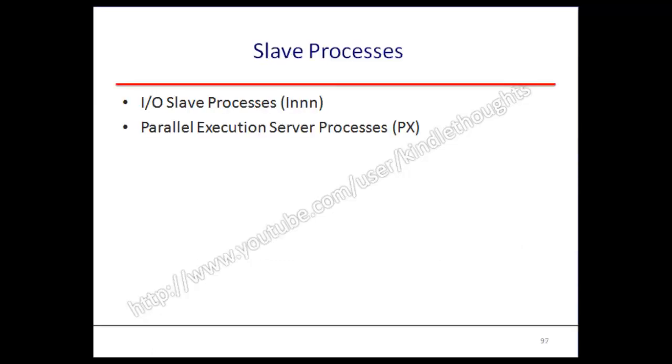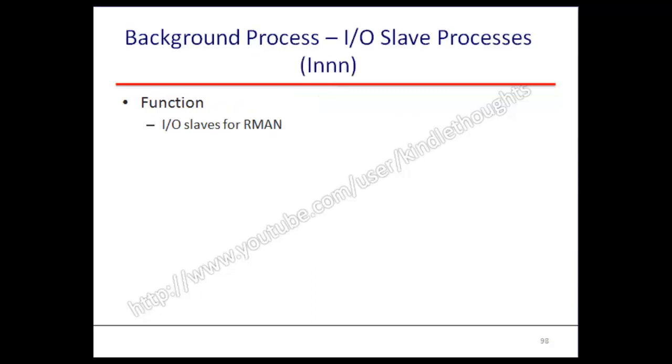Now, when we talk about the background processes, the last category is the slave background process. When you talk about slave processes, there are two types. One is the IO slave process, and the other one is the parallel execution server process. The IO slaves are processes that are spawned to help support other activities happening within the database.